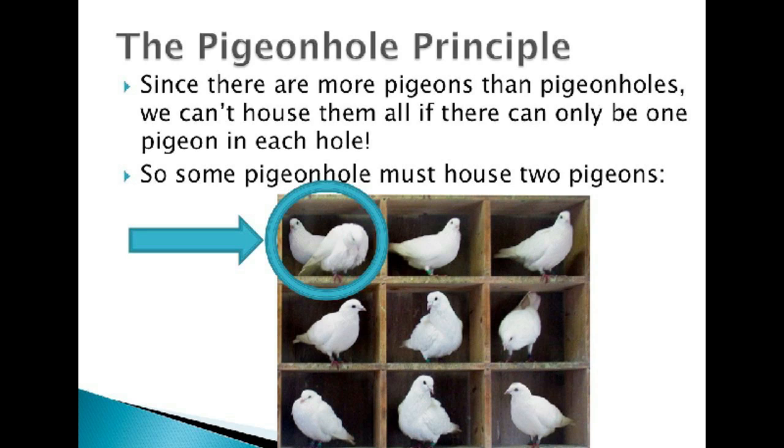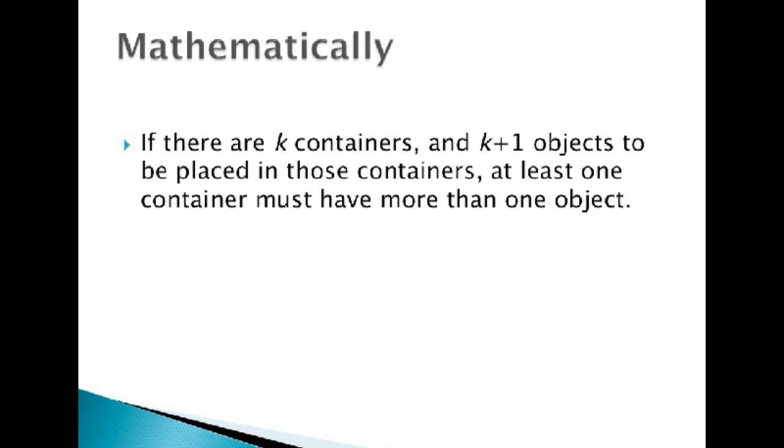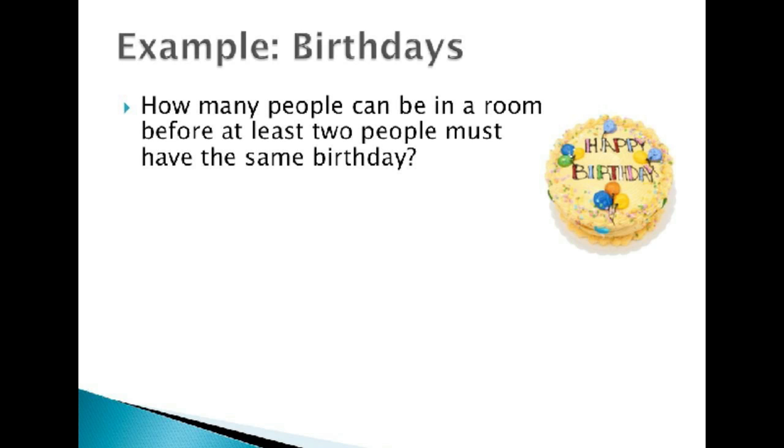This may be obvious when discussing physical objects and containers, but can sometimes be confusing when applied in other ways. For example, one may pose the question, how many people can be in a room before at least 2 people must have the same birthday?